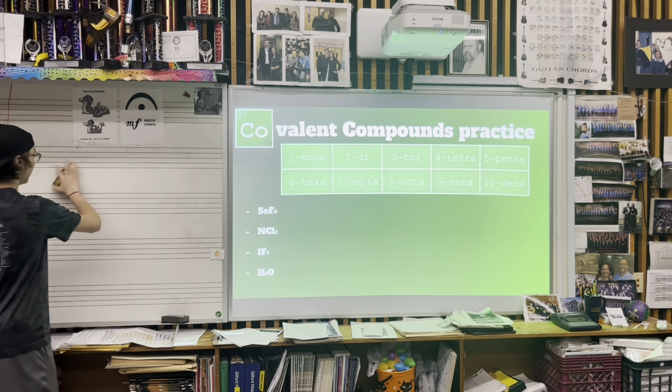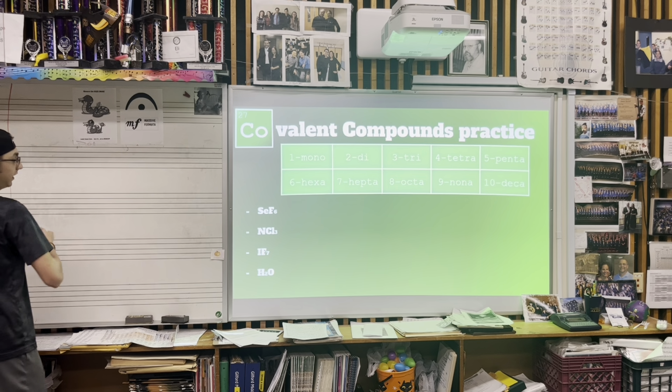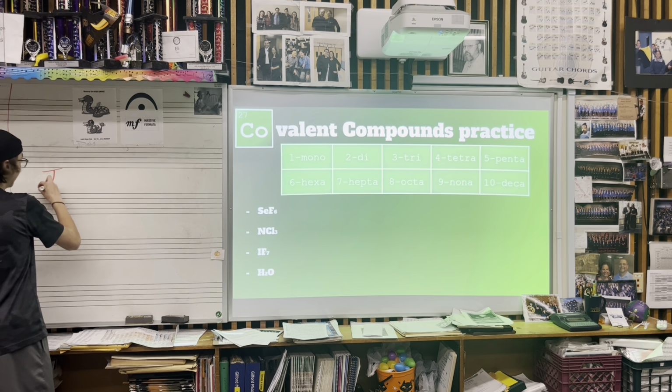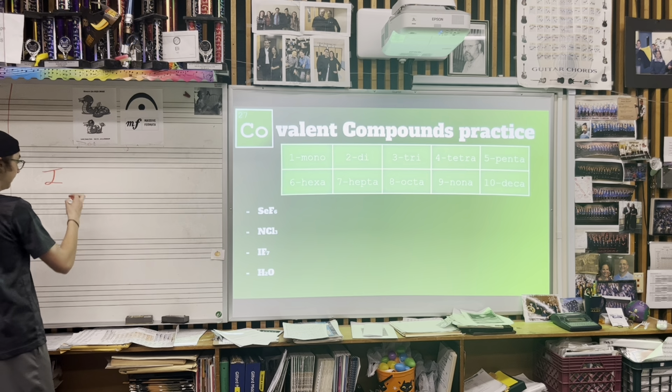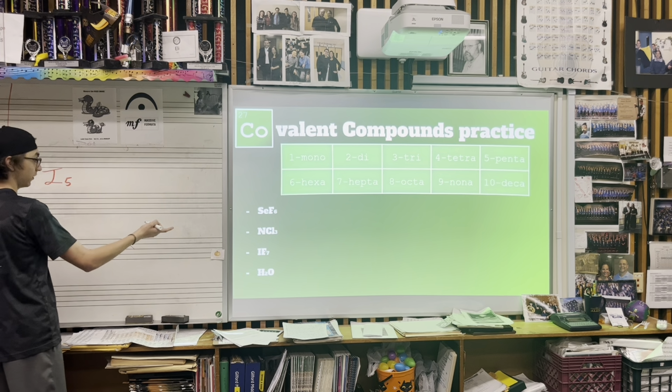Now, for the next problem, if I change the iodine to have, let's say 5, and then we'll keep the fluorine as 7.